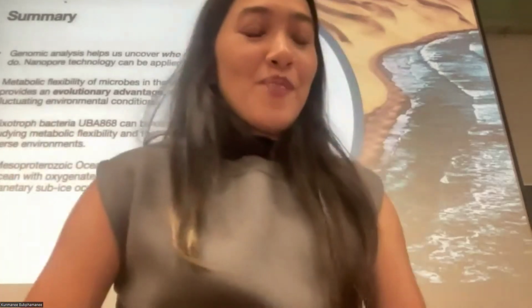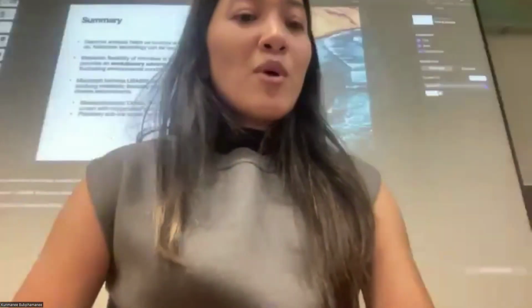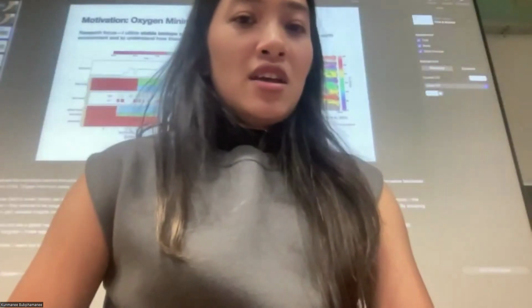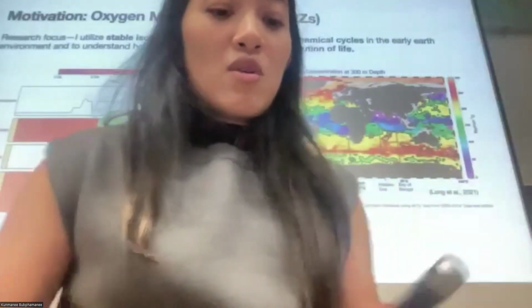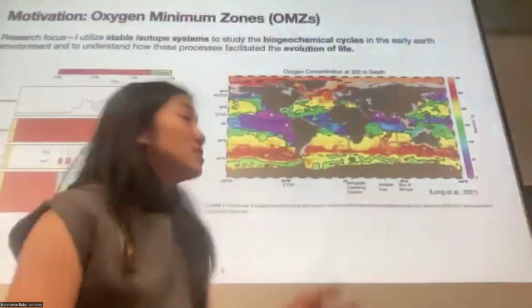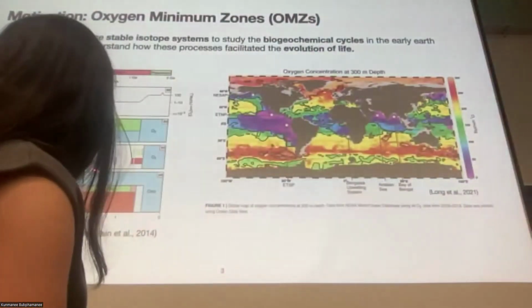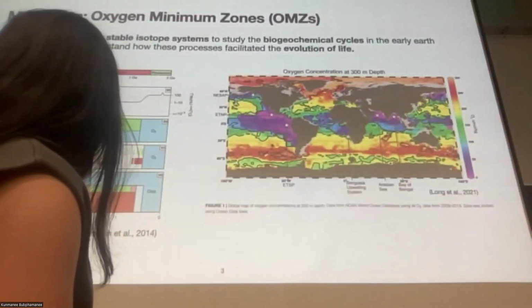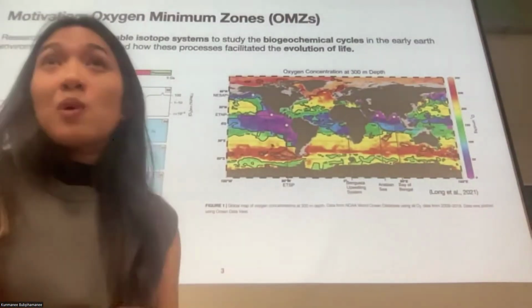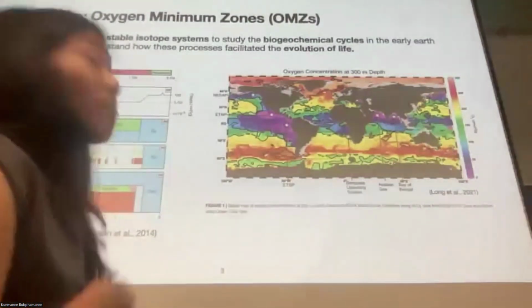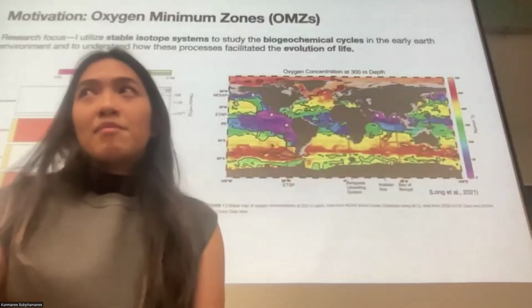Okay, yes. From what we know so far, the composition of the earliest ocean, let's just focus on the Mesoproterozoic ocean, closely resembled an oxygen minimum zone. The model has been shifting a lot in the past 20 years.